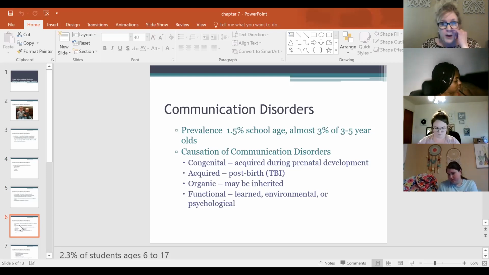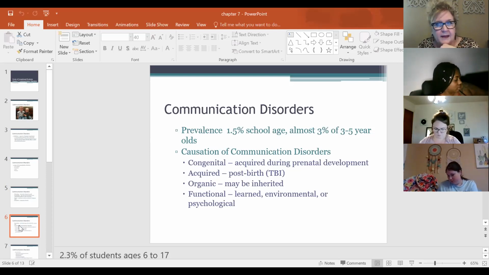So a traumatic brain injury could cause damage to the part of the brain that impacts language or articulation, and that could have an impact on the way a child communicates.